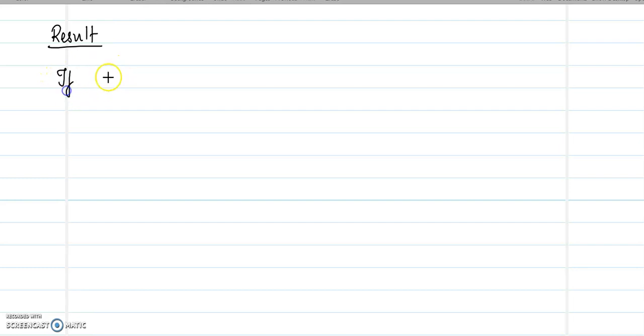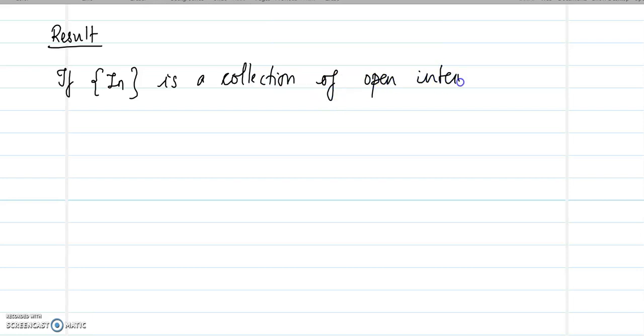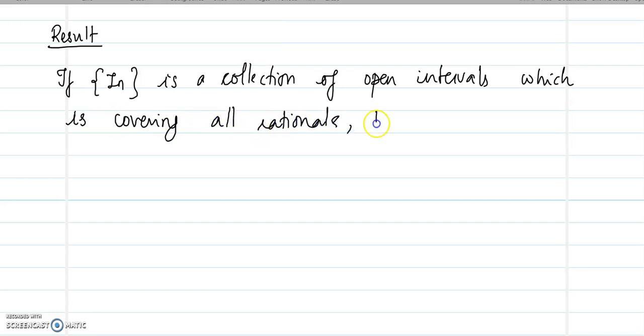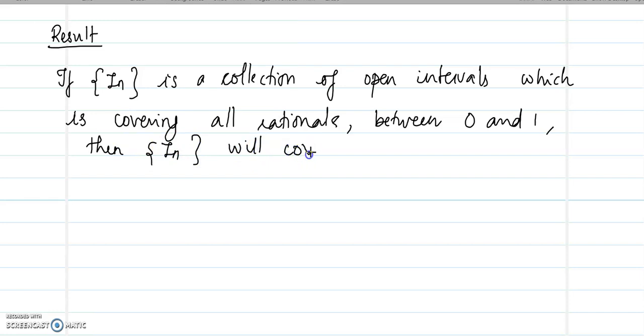The result says that if you have a sequence I_n, a collection of open intervals which is covering all rationals between 0 and 1, then the collection I_n will cover the closed interval [0, 1]. So this result we will use in the coming problem.